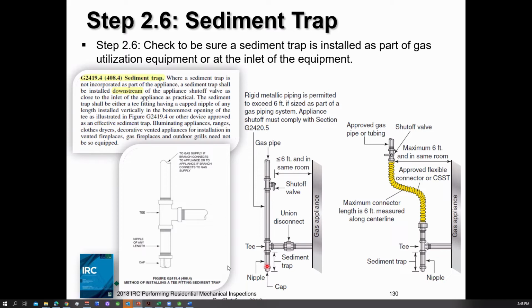We don't want those particles to go into the gas appliance, into the regulators, into the gas valves and gum them all up. We want them to drop into the lowest portion of the pipe, the sediment trap. So there it is right there. Keep in mind, there is no length to the sediment trap.